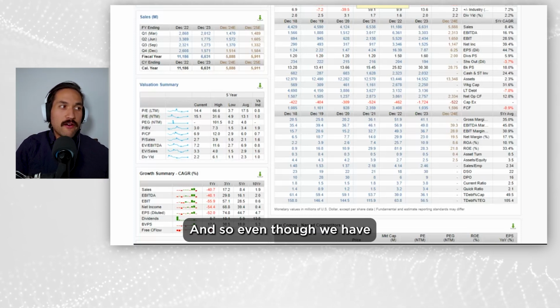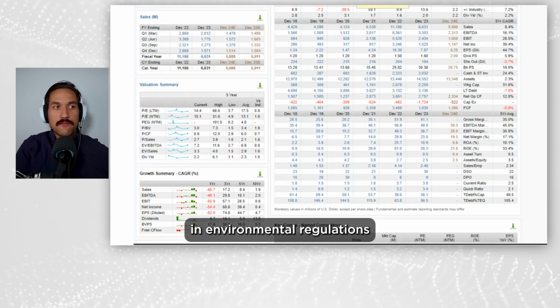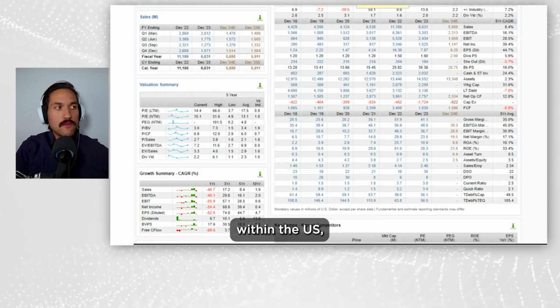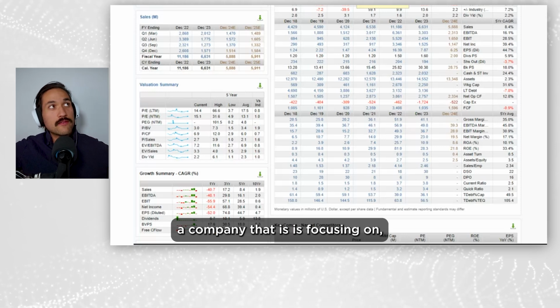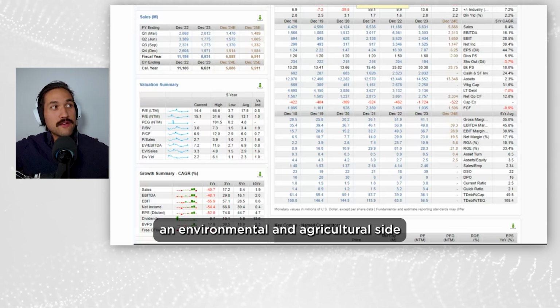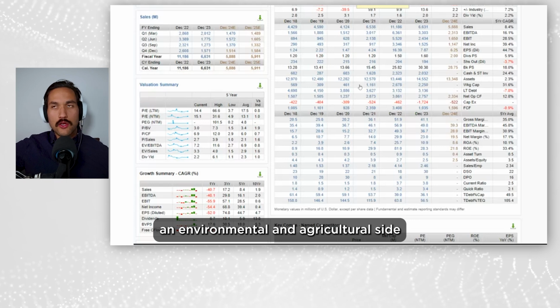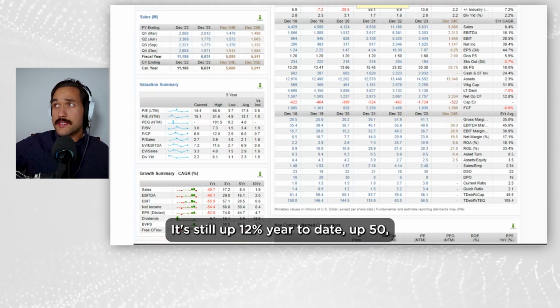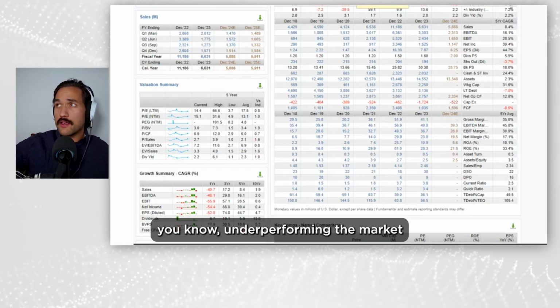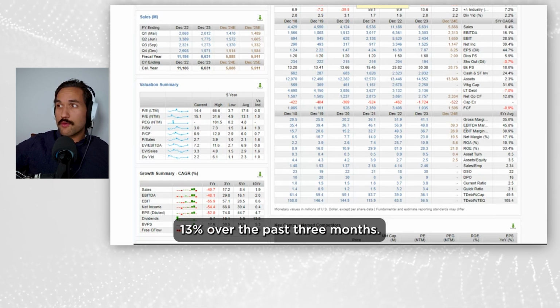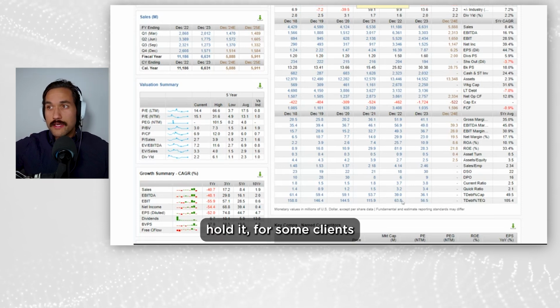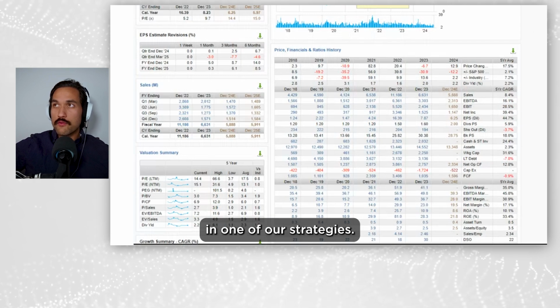And so even though we have maybe a shift in environmental regulations within the US, it doesn't necessarily mean that a company that is focusing on an environmental and agricultural side could not continue to do well. It's still up 12% year to date, underperforming the market, but still up 13% over the past 3 months. We still do hold it for some clients in one of our strategies.